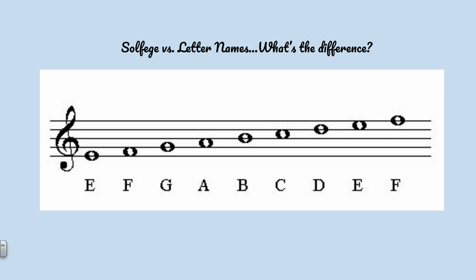With solfege, however, it changes based on the song that you are singing. For example, in one song you might find that your second line is Do, which means the rest of the solfege is as follows. But in a completely different song, you might find that your third space C is Do, which means that this is the solfege for that song.